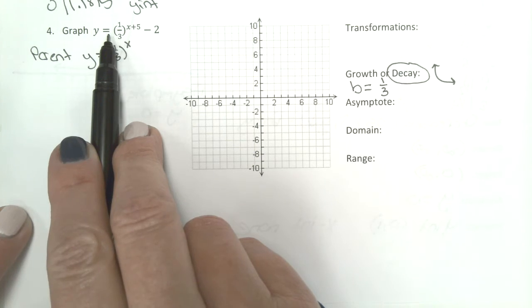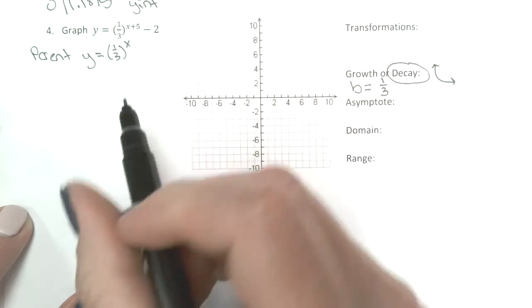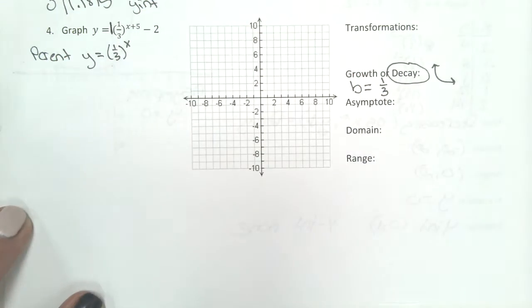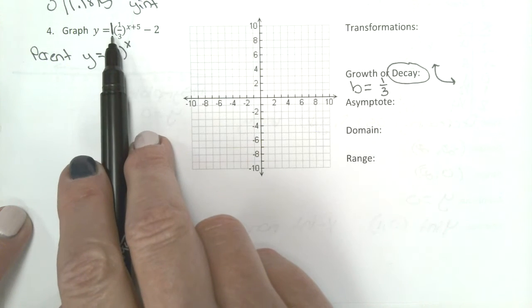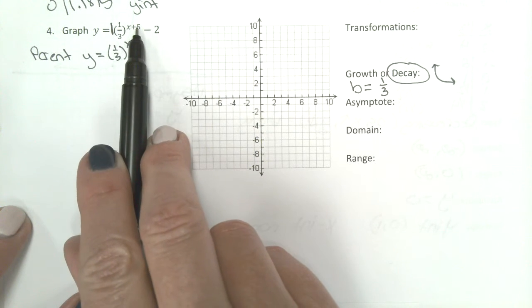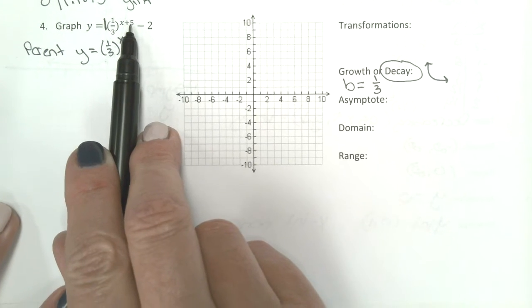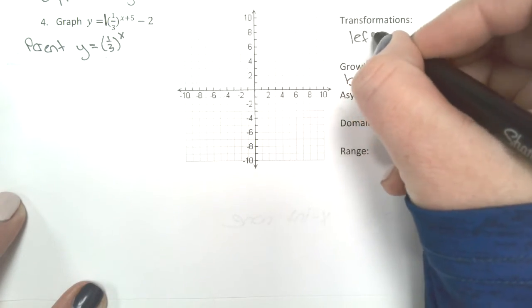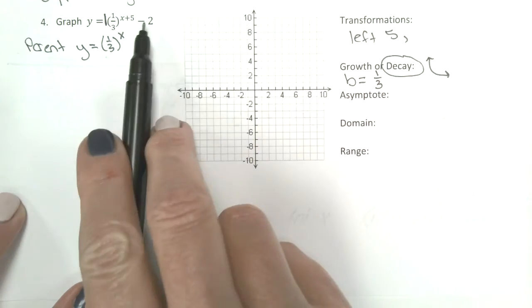There's no a on this problem, so there's no stretch or compress. If there's no number, then that means that there's an invisible 1 in front of it. So there's no stretch or compress with this one. X minus 5. That means my x lies to me, and it went right 5 units.